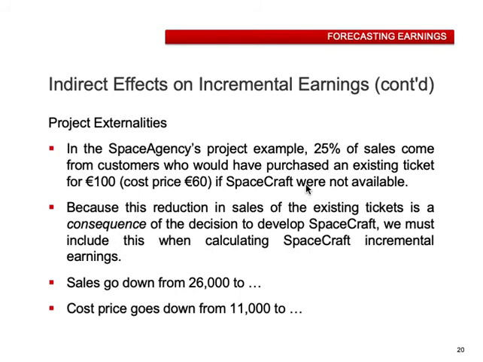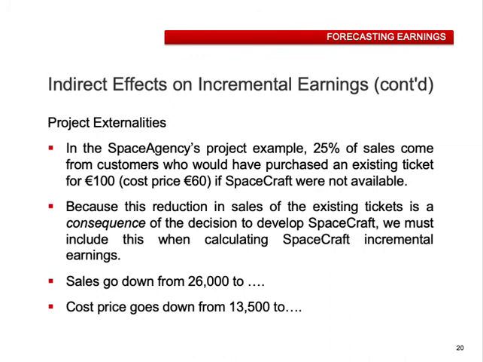As a consequence, you need to exclude these sales and related costs from your financial model when forecasting earnings for SpaceCraft. Another way of looking at cannibalization is that the reduction in sales of the existing tickets of Space Agency is nothing more than a consequence of the decision to develop SpaceCraft. So we have to include the reduction in sales in our financial model.